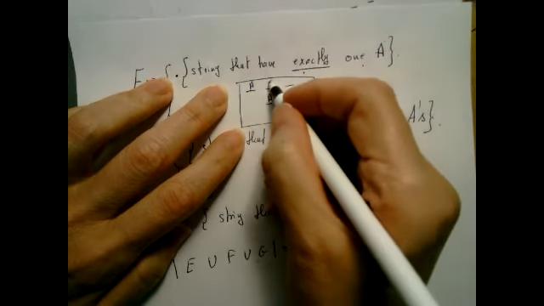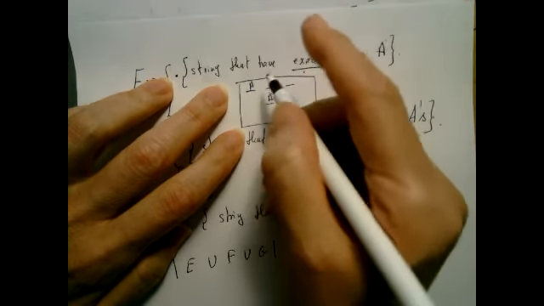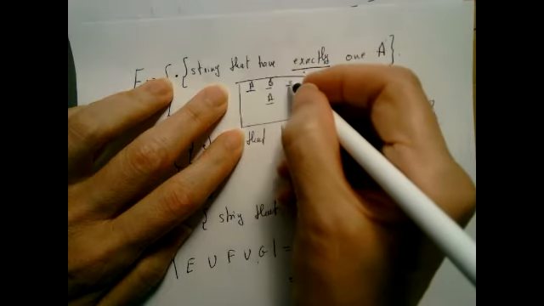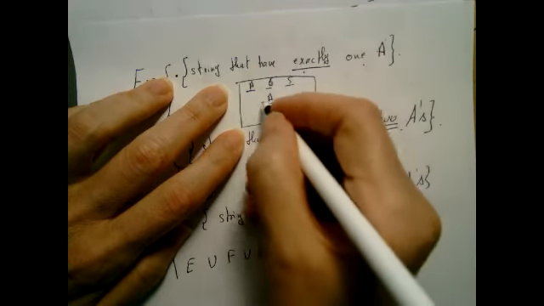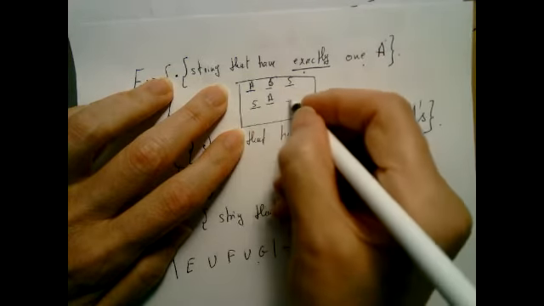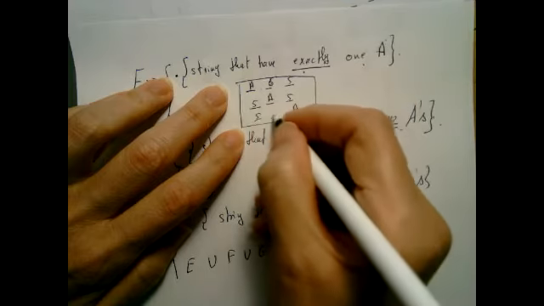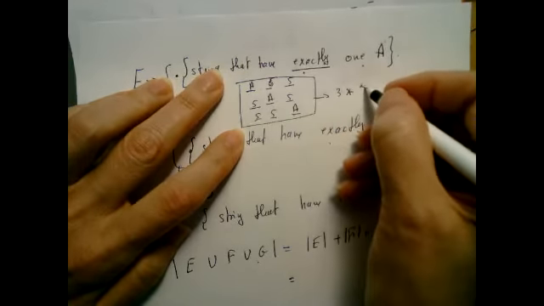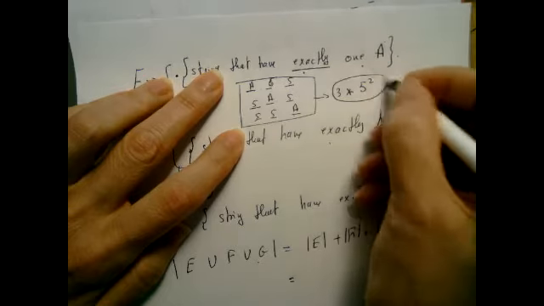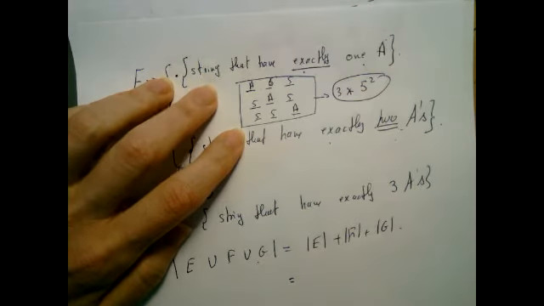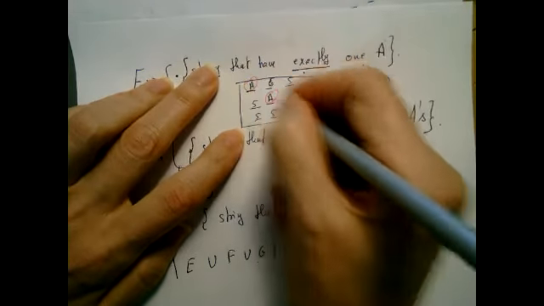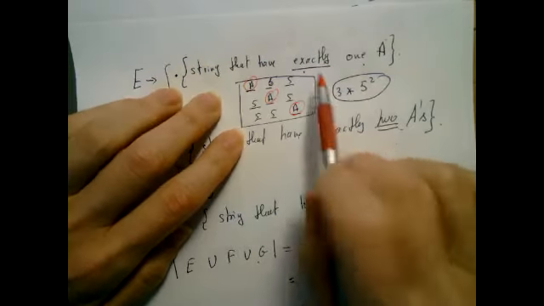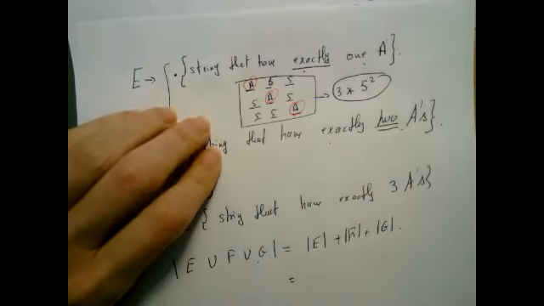So now I will have 6 choices, exactly 1, it means I will have 5 choices here, 5 choices here, because exactly 1 A, 5, 5, 5, 5. So here I'm going to have 3 times 5 squared. And now I am safe. I absolutely am safe. I don't have repetition because I'm restricting my A's to 1.